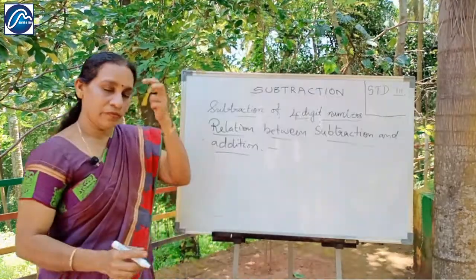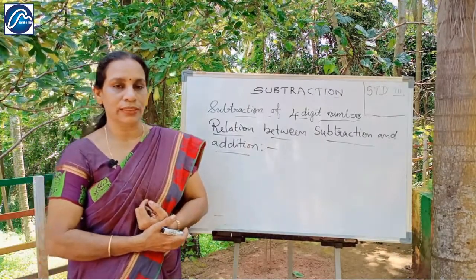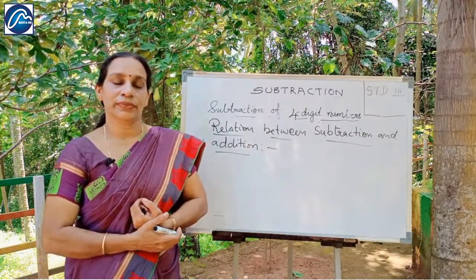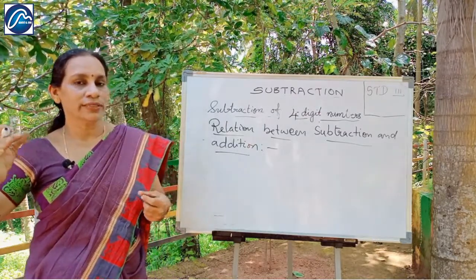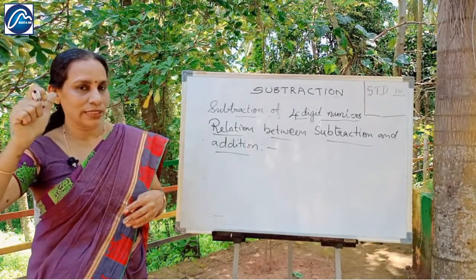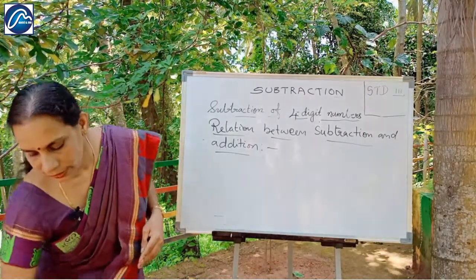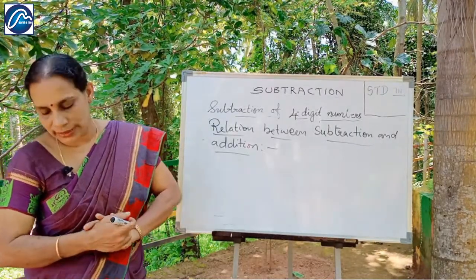Okay, when you are asked, what should be added to 3 to get 5? How will you get the answer? 5 minus 3. Then what is the answer? 2.